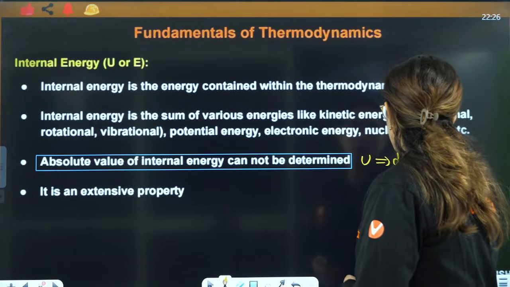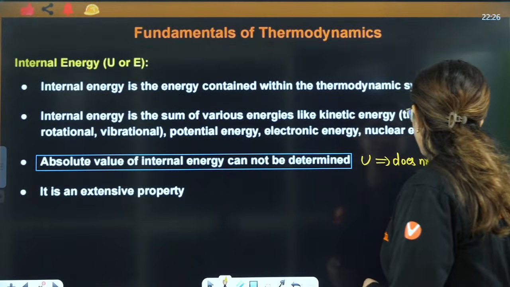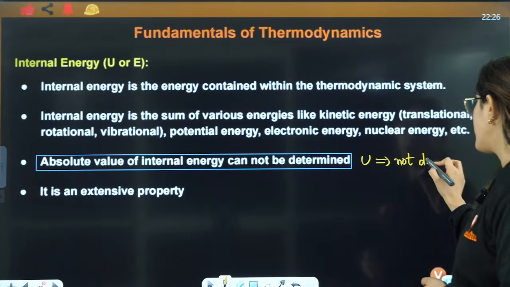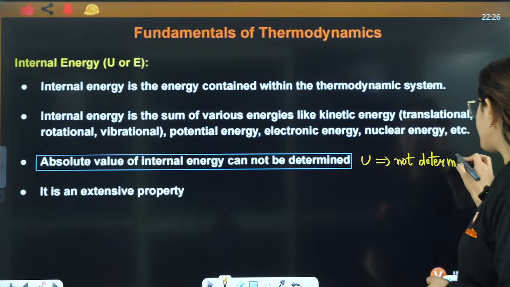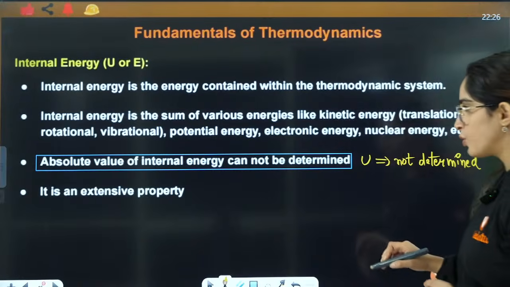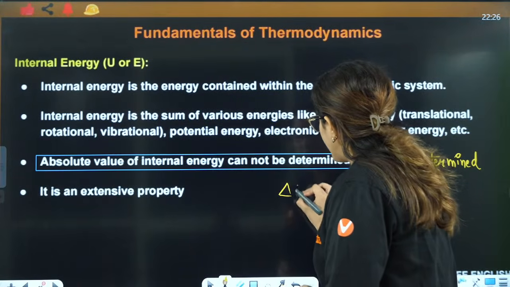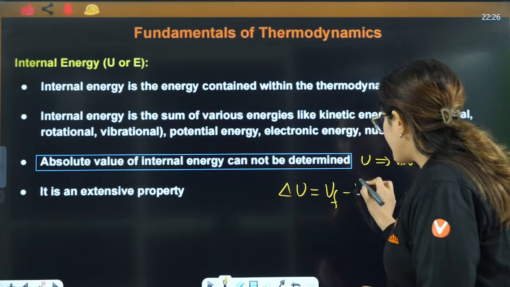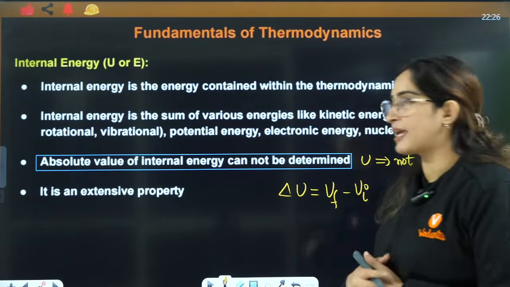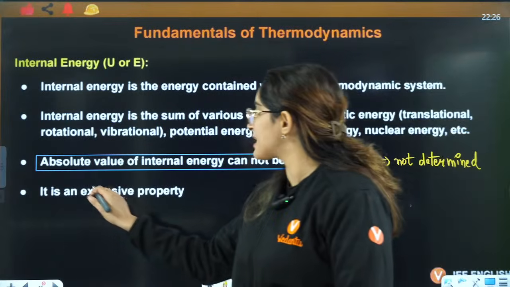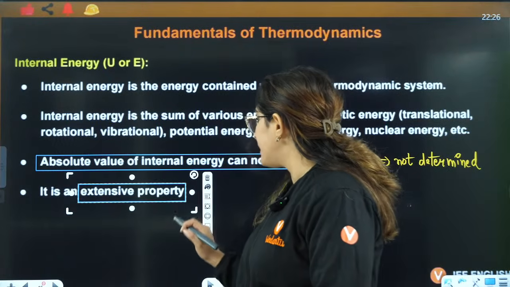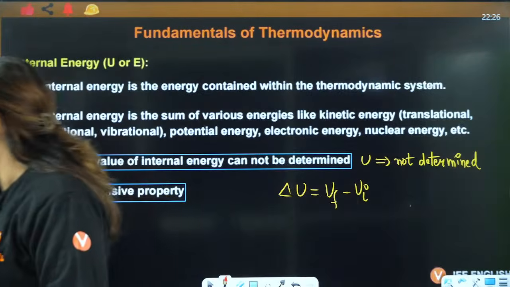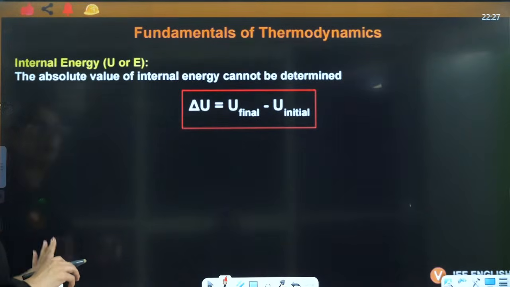We don't know the absolute value of internal energy, but we know the value delta U, that is U final minus U initial. Change we can see here, and this is an extensive property. That means it will be dependent upon the mass that you take, right?